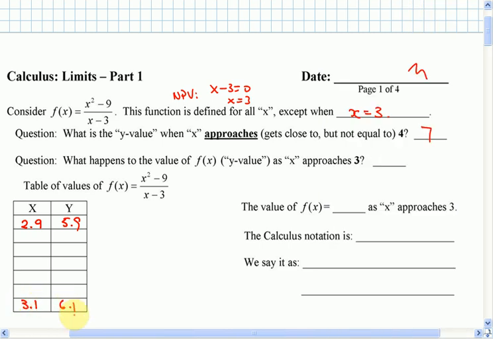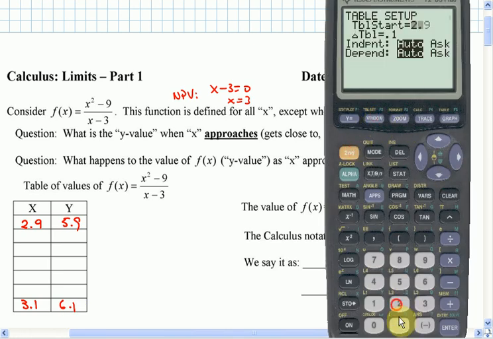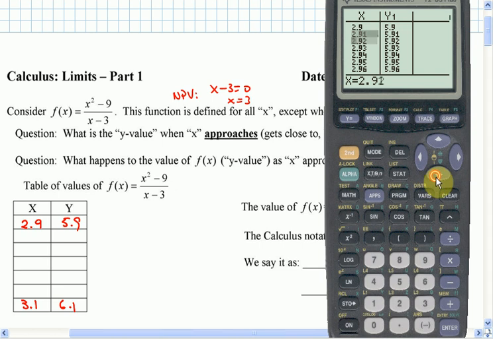Well, let's see if we can get even closer and closer to 3. Okay. I'm going to change my table set now. Let's make it 2.9. I'm going to increase that by like 0.01. Okay. Let's get a table now. So something like 2.95. You see what I have here? 5.95.